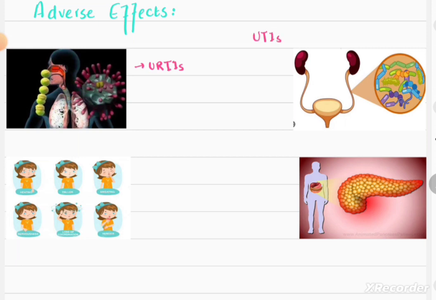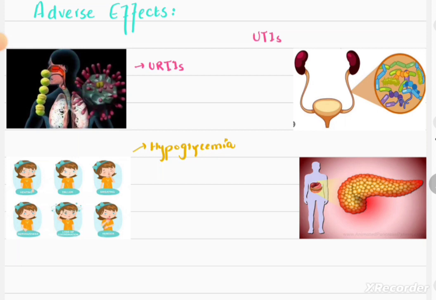They can also experience hypoglycemia symptoms that we have already discussed. So we must keep this in mind as well.